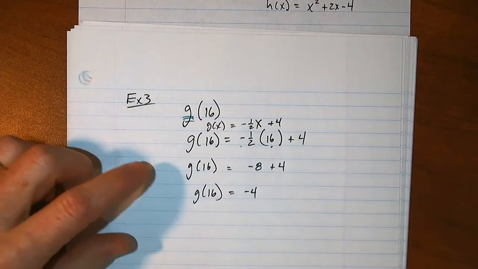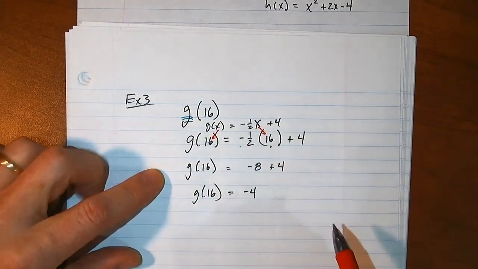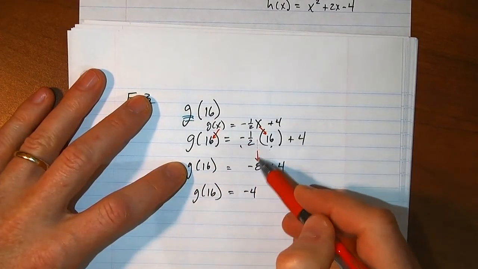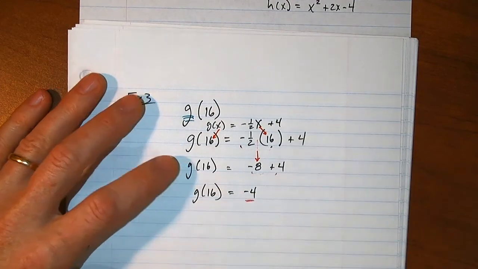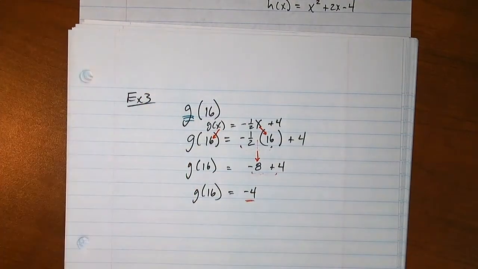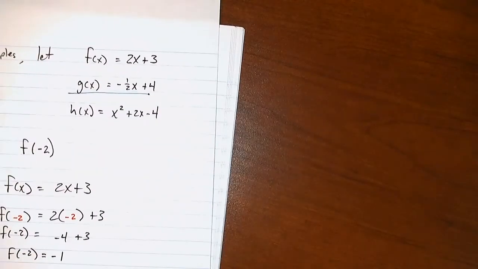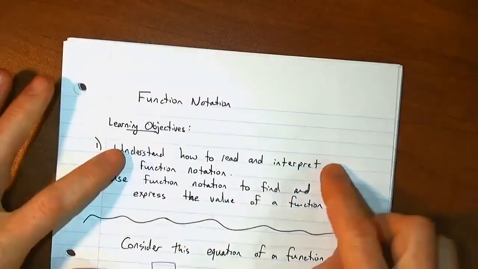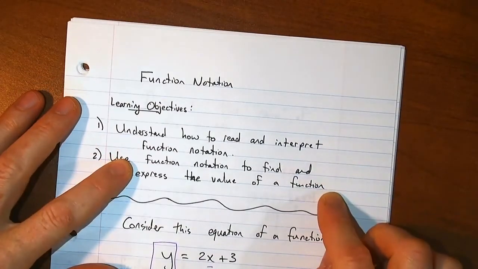So I turned my x's into 16s, and then I simplified -1/2 and 16, those multiplied together, and then these add, and that's how I ended up with -4. Okay, so that is function notation. And that's the extent of function notation that we will be needing in our class. So be able to read it and interpret it, and then find values and express values.